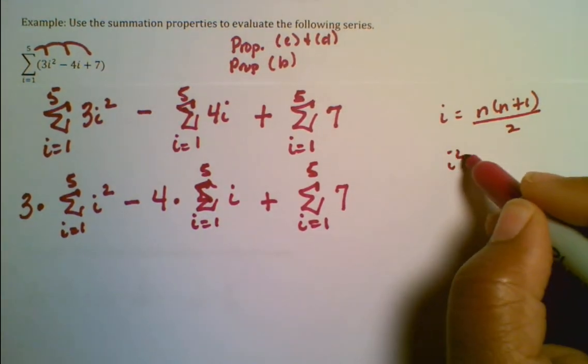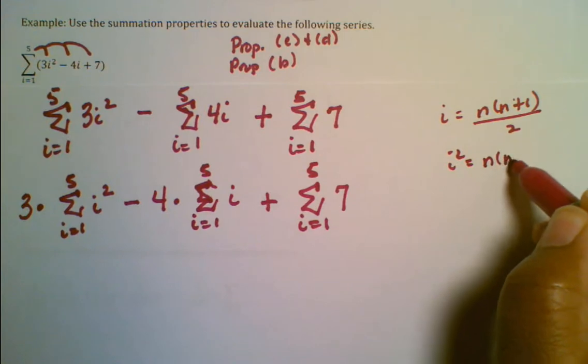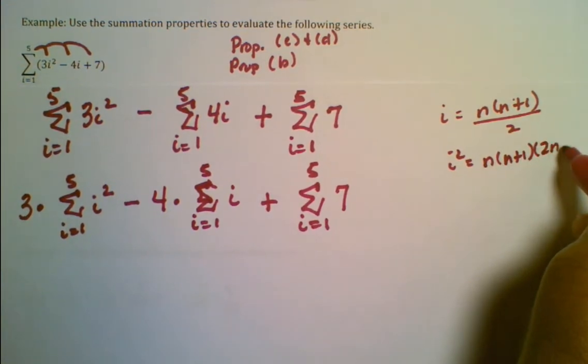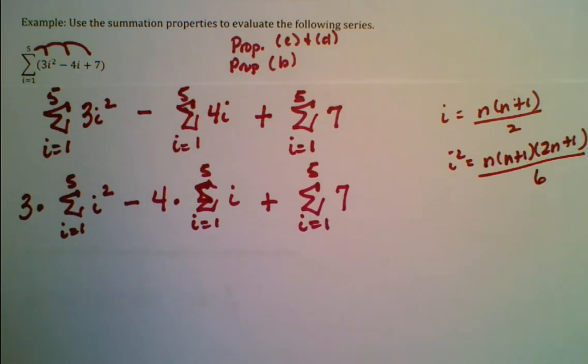And then now we're going to be using i squared, where the sum of i squared is n times n plus 1 times 2n plus 1 all over 6. So what we're going to plug in for the value of n is the number of terms in the summation, which is n, which is the number 5.